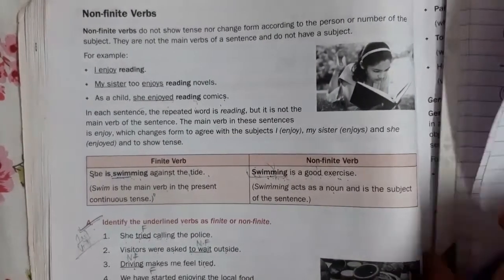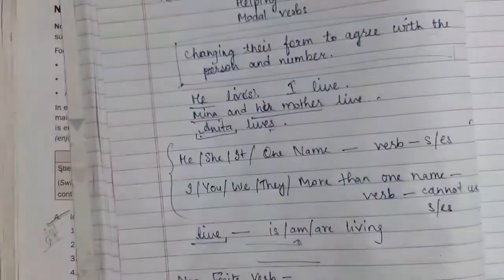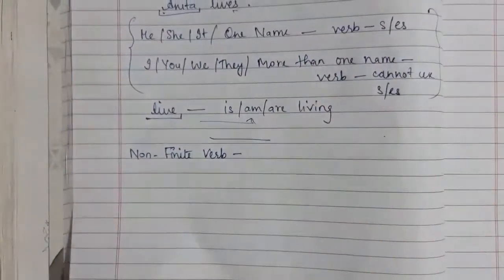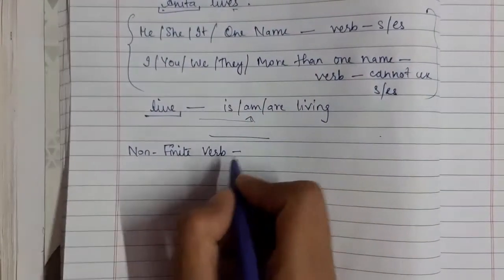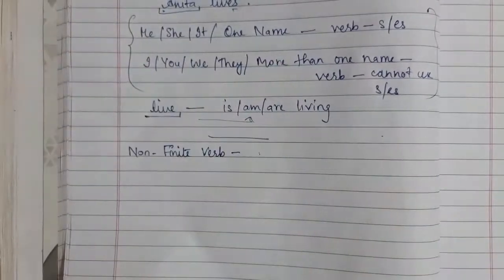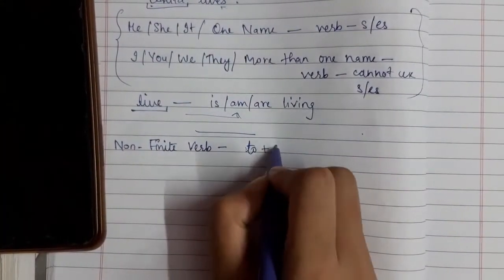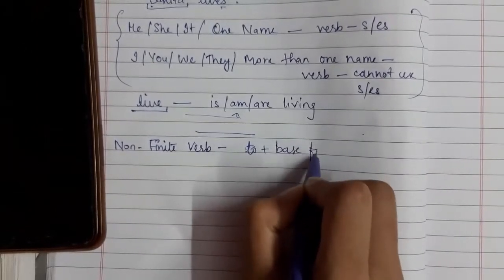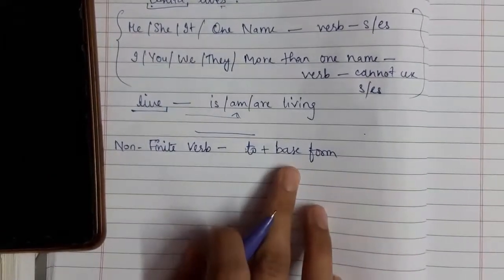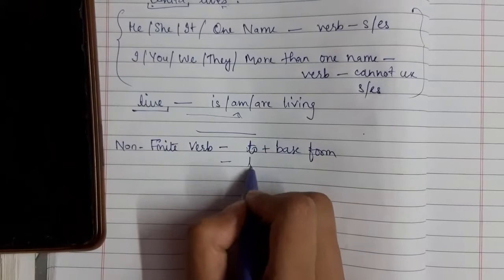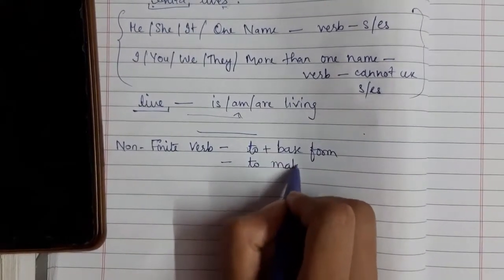So one more thing, let me tell you: a non-finite verb is basically written as to plus base form. This is also very important, to plus base form. For example, to make.